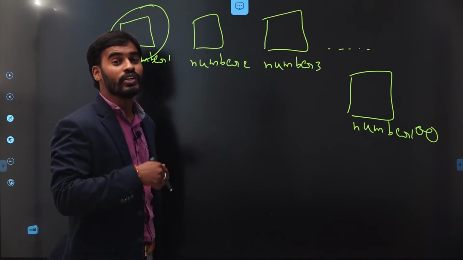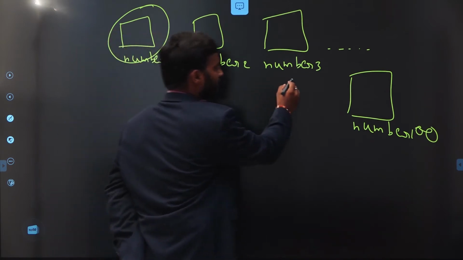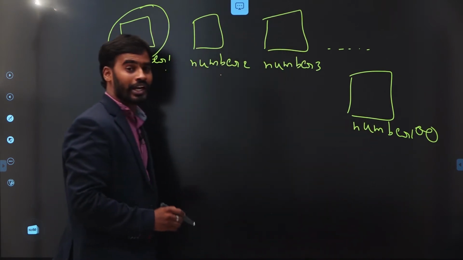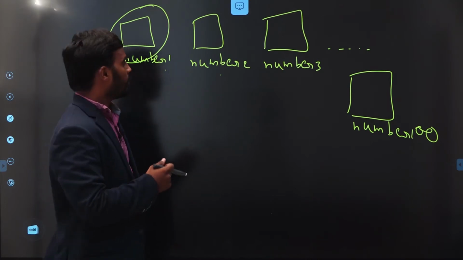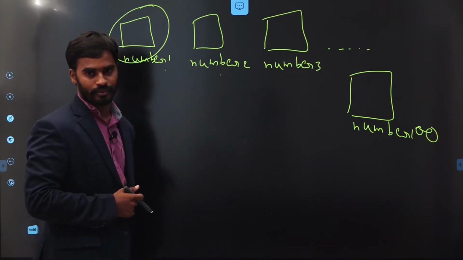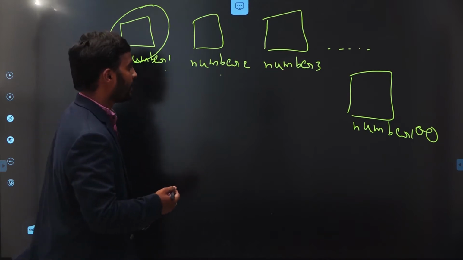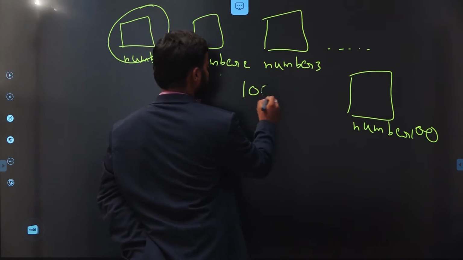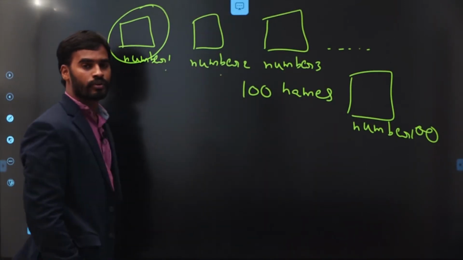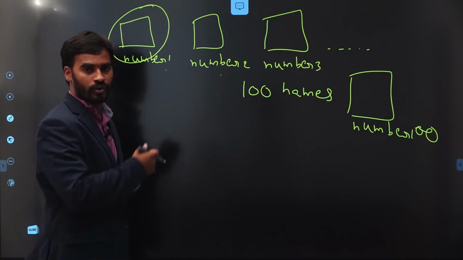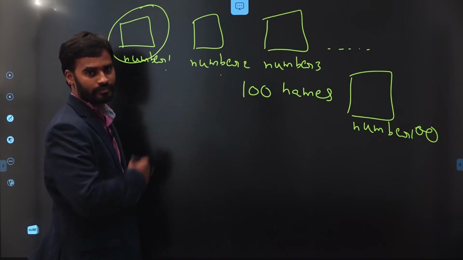You need to give a separate name like number 1, number 2, number 3, and so on up to number 100 in order to identify them. You have to give a unique name to identify all these 100 variables, so the number of names you need is 100. If you don't give a unique name to all these variables, it's very difficult for us to differentiate between them.